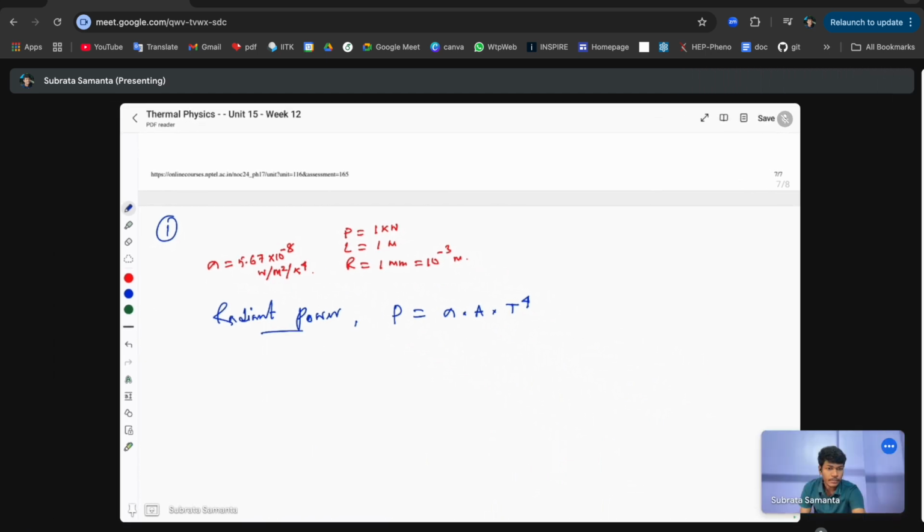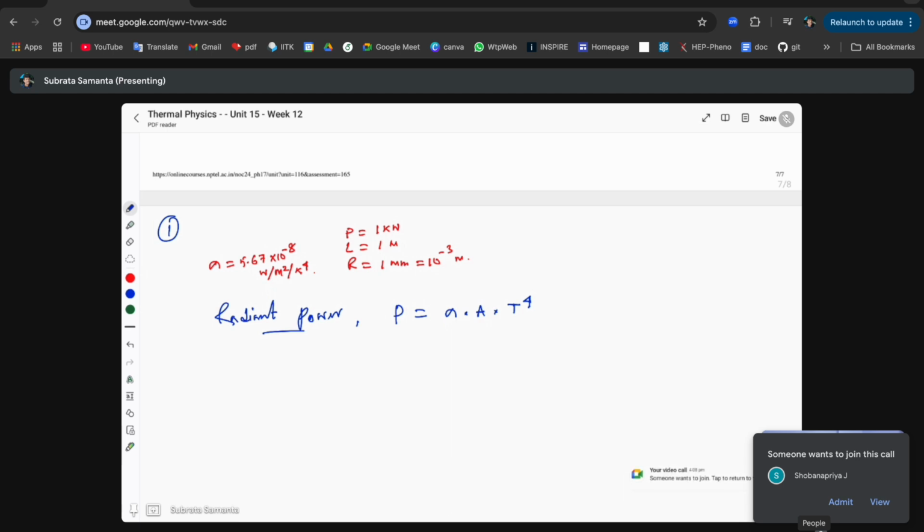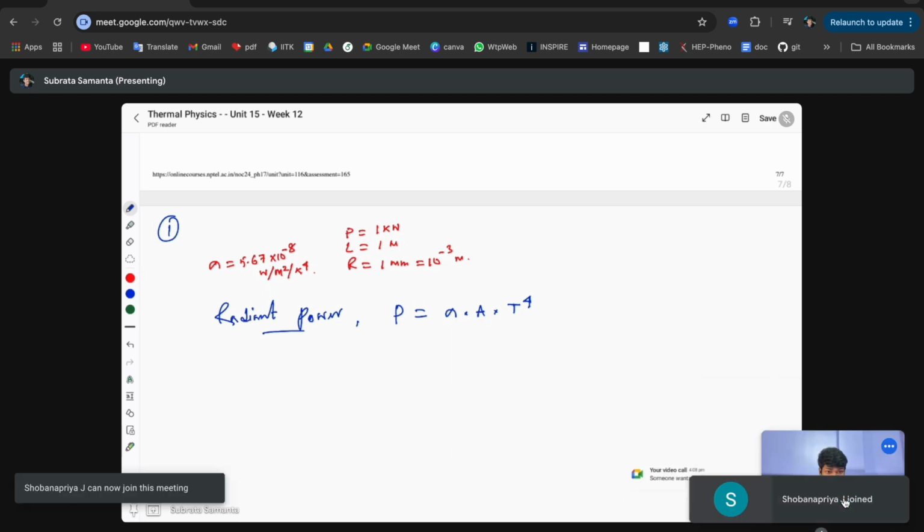So the power is basically sigma A T to the power 4.